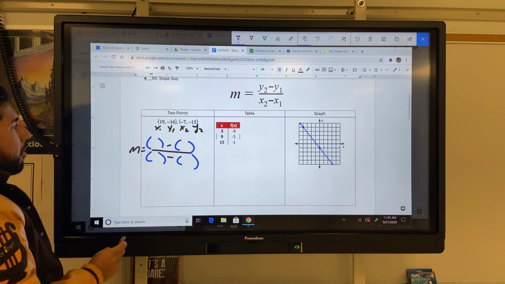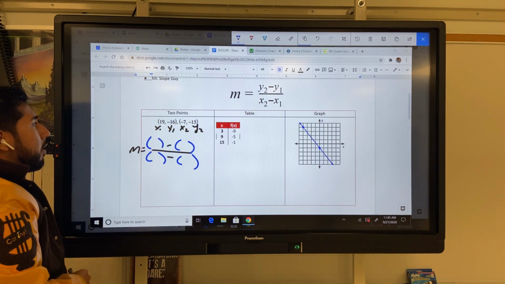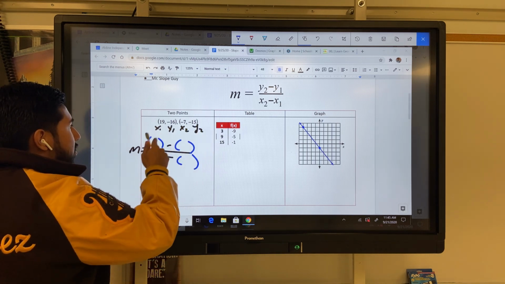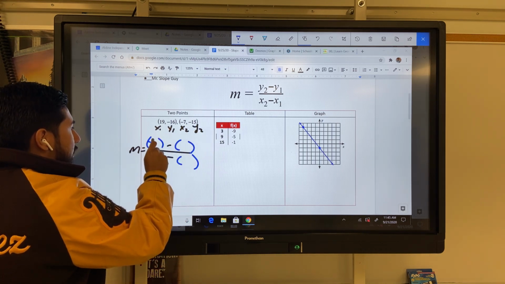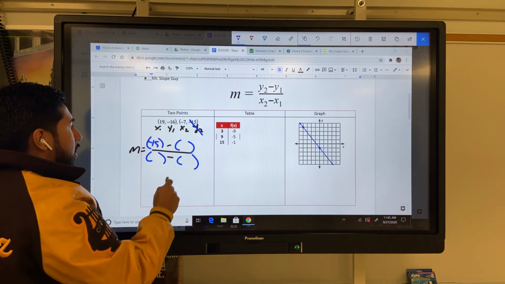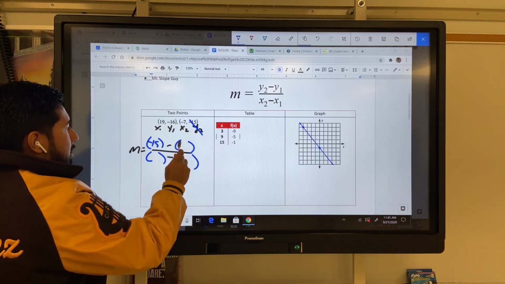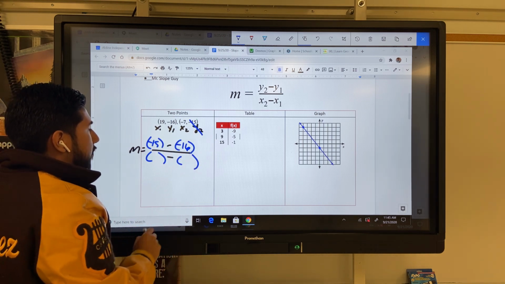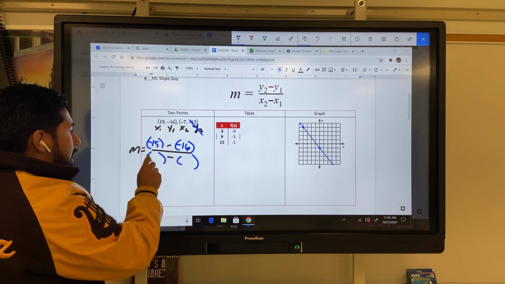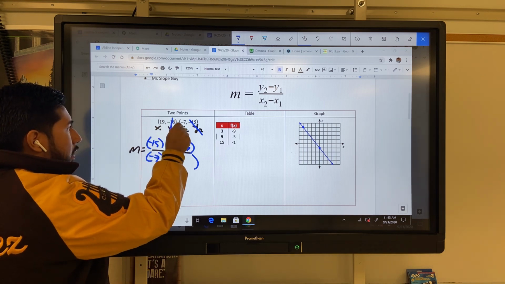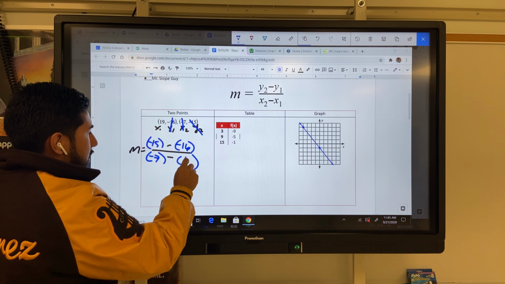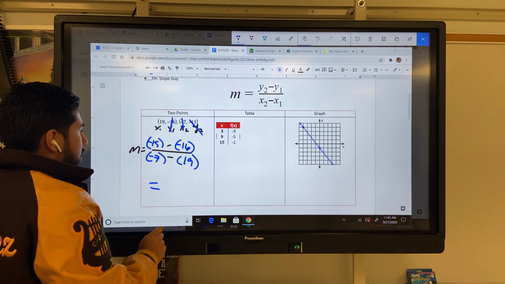And then you just put in these values. Y2 goes first, that's negative 15. Y1 comes second, negative 16. X2 on the bottom, negative 7. And then lastly, 19.